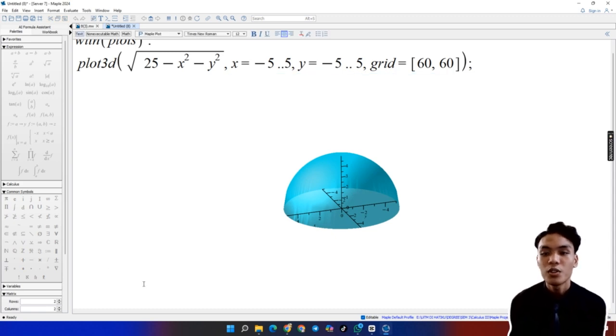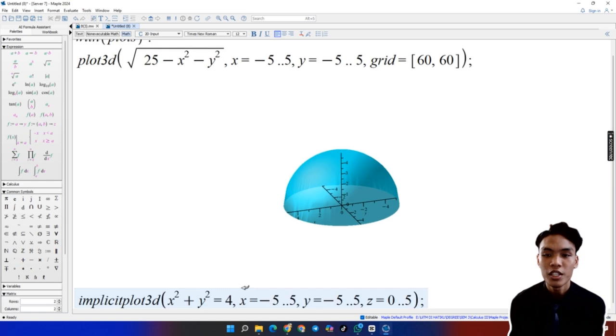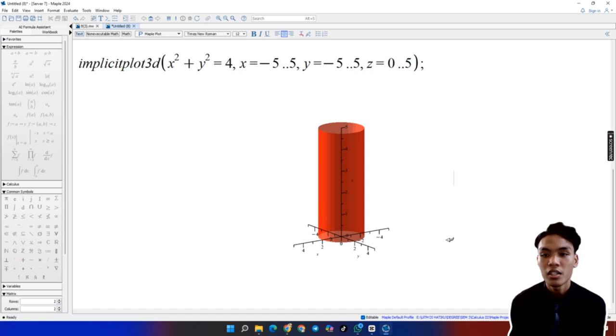Then, I will use implicitplot3d for the equation x squared plus y squared equals 4 for the cylinder. For the limits of x, y, z, I just follow the hemisphere limits because we will combine them later. So here is my cylinder.